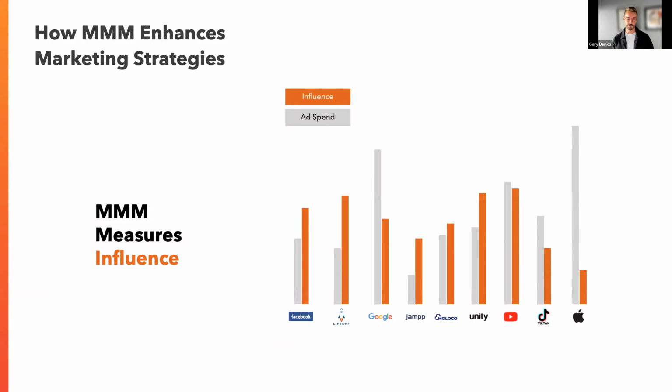Now, with this information, what can you do with it? Well, this is new information. It's not information that you've had to hand before. You can start to increase and decrease spend where you feel you can get more influence on sales.